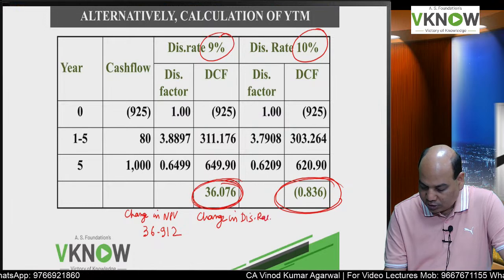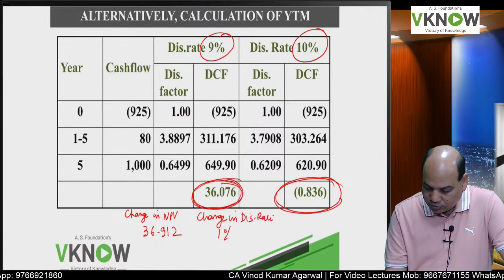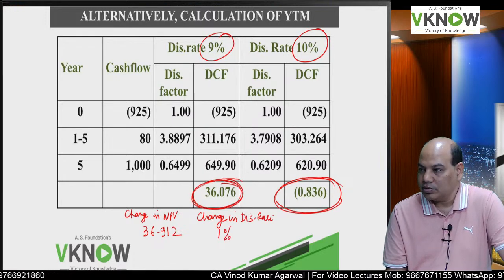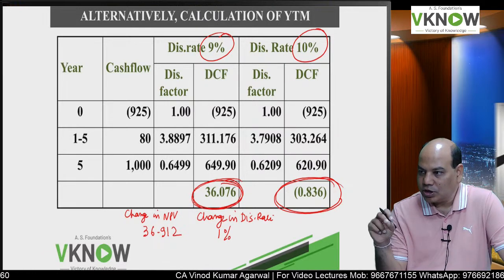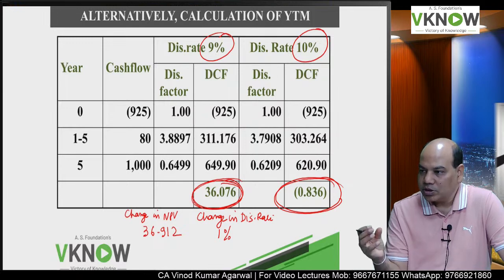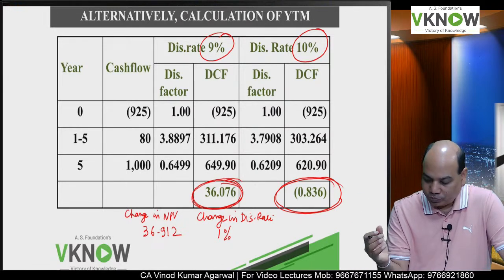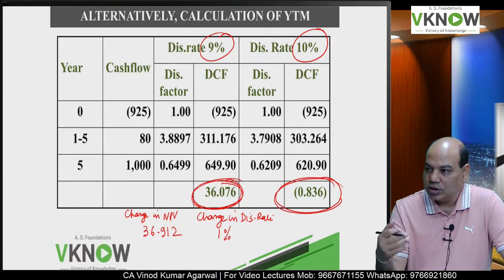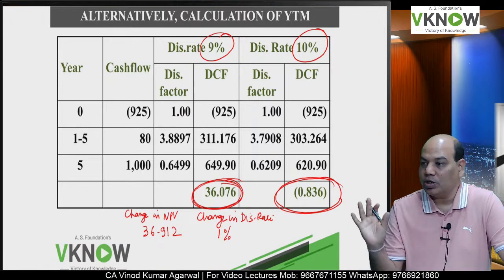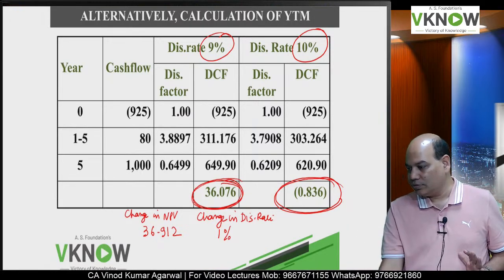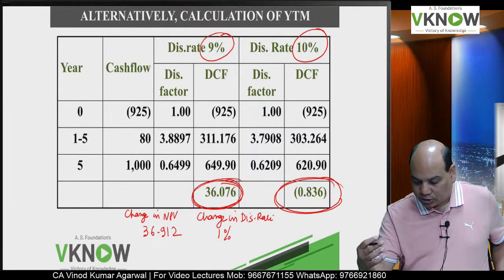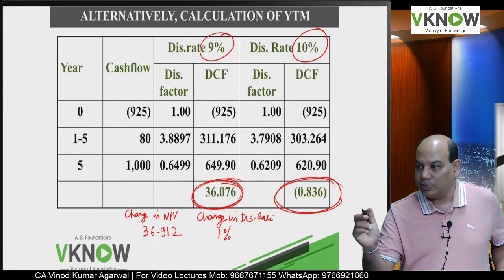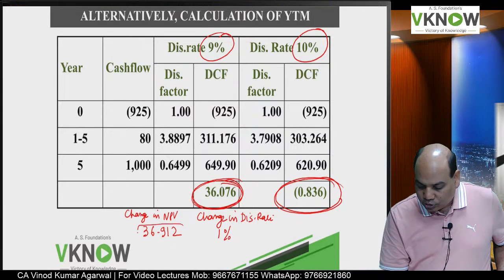Change in discount rate is 1%, from 9% to 10%. A 1% change in discount rate will produce a change in NPV of 36.912. Is it right?